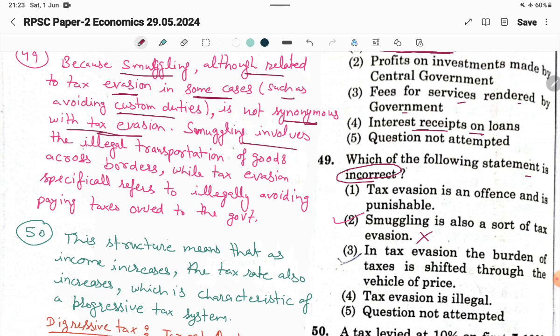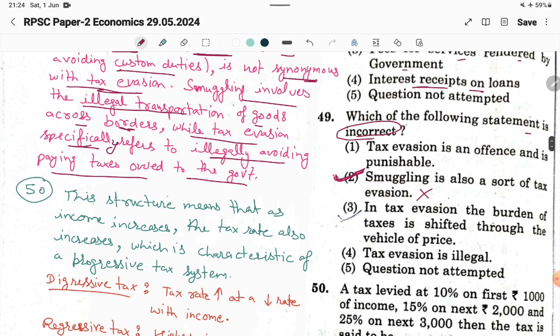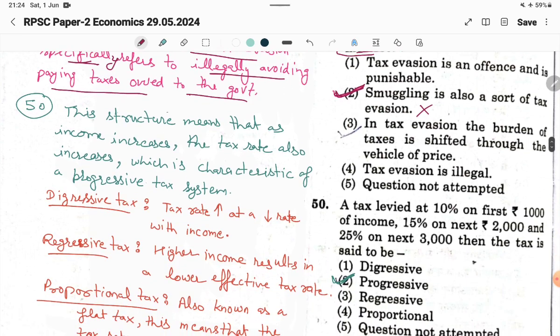Smuggling involves the illegal transportation of goods across borders, while tax evasion specifically refers to illegally avoiding paying tax owed to the government. So the second is the right answer. In tax evasion, the burden of tax is shifted through the vehicle of price. It's a correct statement. And tax evasion is illegal. It's also correct. So the second will be the right answer.